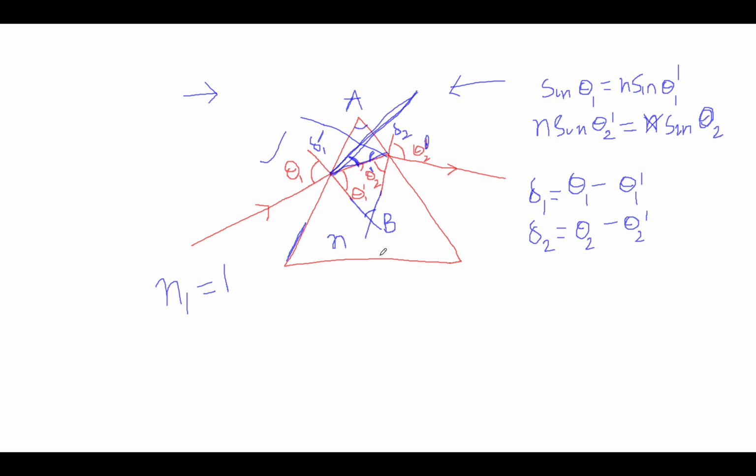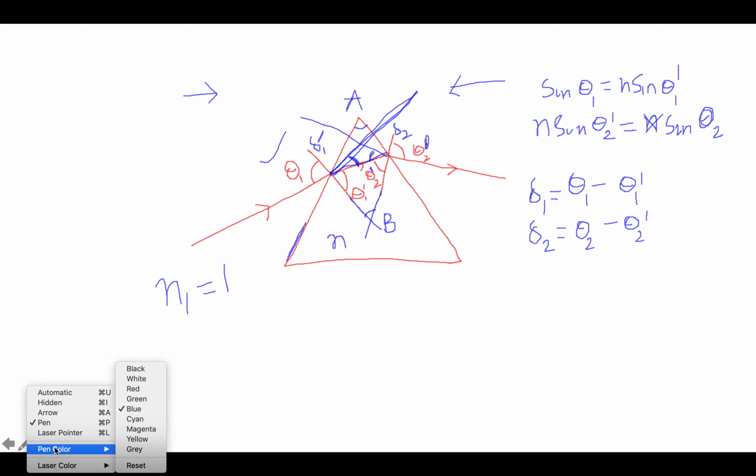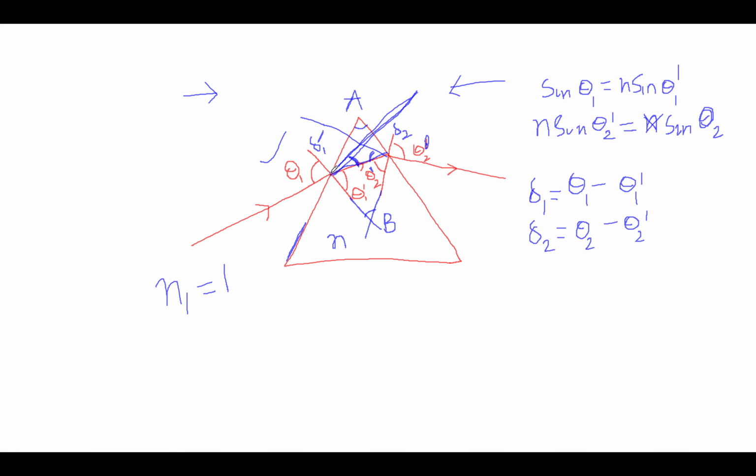Now, if I look at this triangle, the green color triangle, you see there are three angles in there.